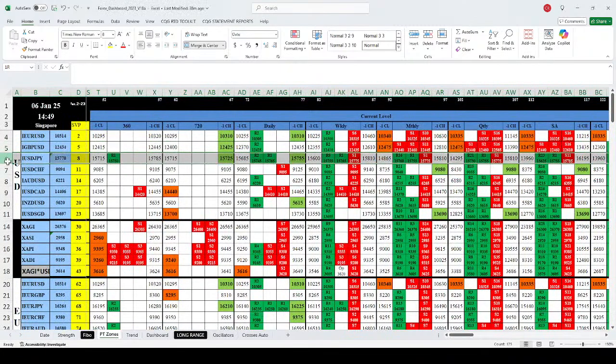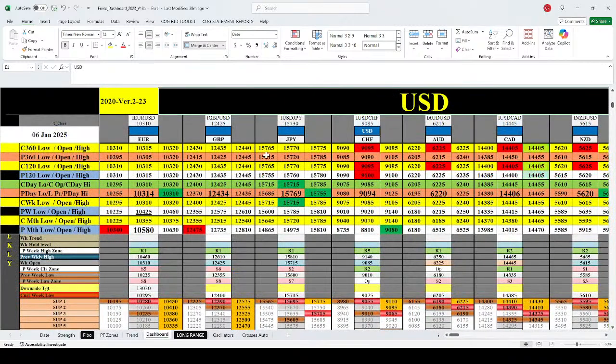Next we go on to the dollar yen PT zones, showing strength, and weekly is a weak sell with the 2 buying forces. So I think we should be going for a buy and hold, expecting the high to break. Then we come into dollar yen on the dashboard. Okay, current high is higher than previous day high, and this is also the current week high.